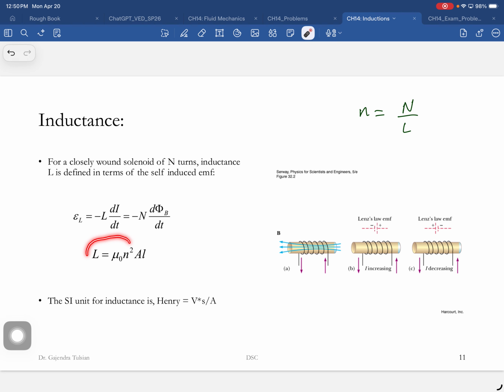So this self-inductance, the proportionality constant, how strongly it can fight changes in current, is given by that. The units of inductance are called henries, after Mr. Henry. And if you put all those together, it's volt second per ampere.